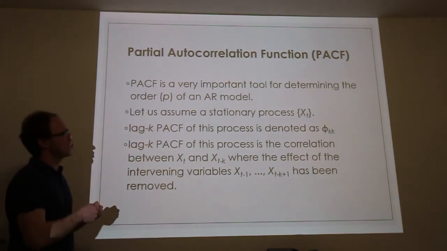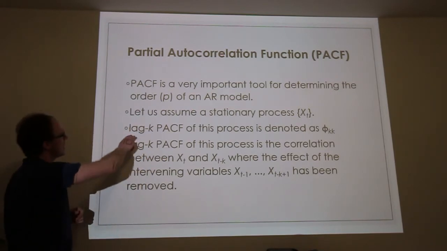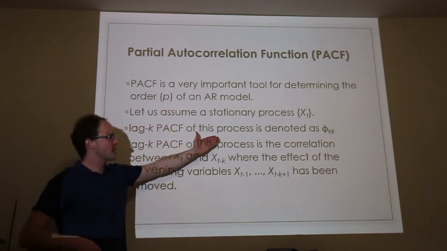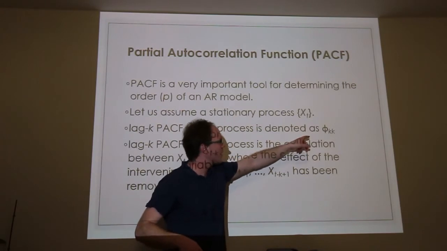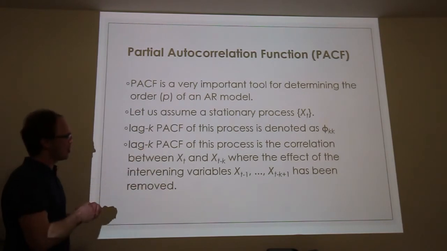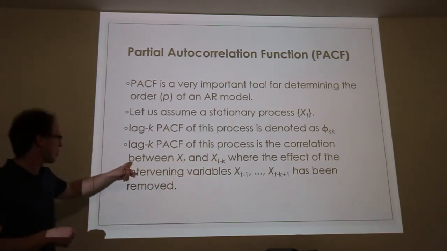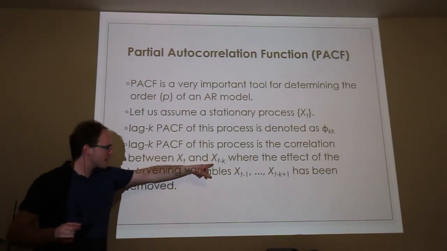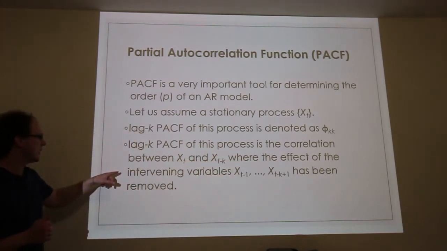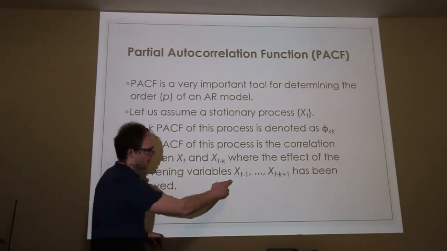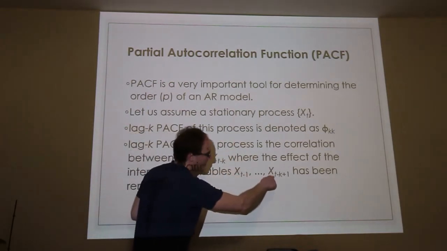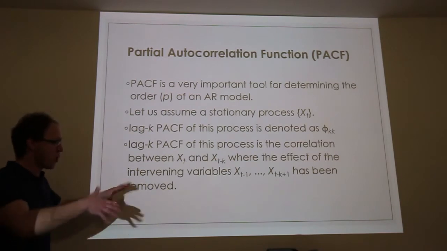Let us assume a stationary process x_t. The lag k partial autocorrelation function of this process, denoted as phi kk, is the correlation between x_t and x in time t minus k, where the effect of the intervening variables x in time t minus 1, t minus 2, t minus 3, etc., until t minus k plus 1 has been removed.